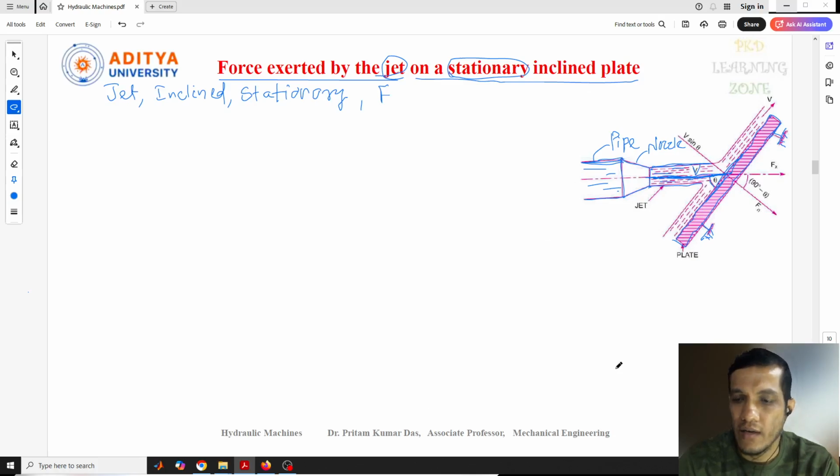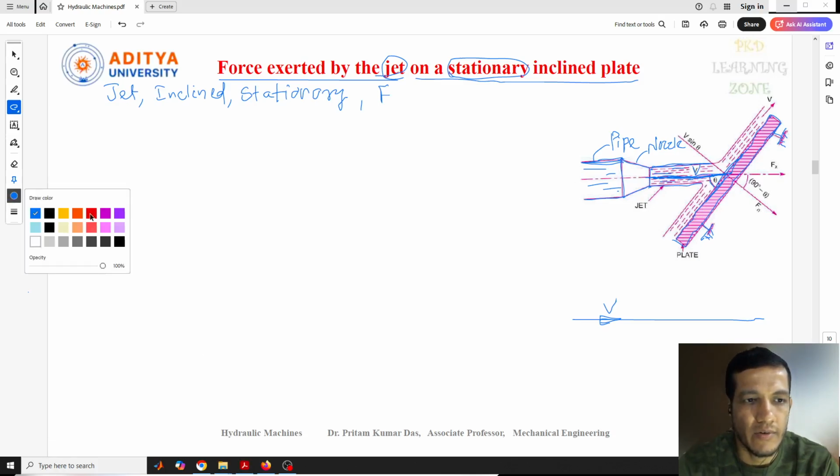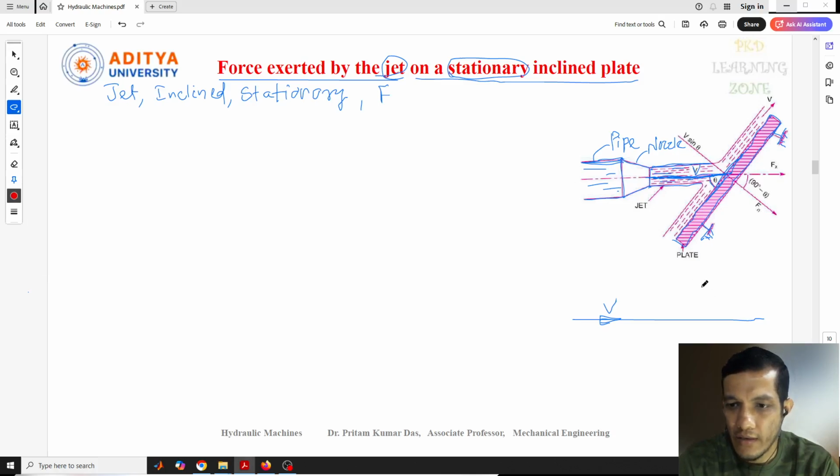Now I'll redraw this diagram a little bit here. Suppose this is the jet movement, the jet of fluid moving in the x direction, with velocity v. The plate, which is fixed, I consider in a different color. Suppose this plate is placed at an angle of theta here.